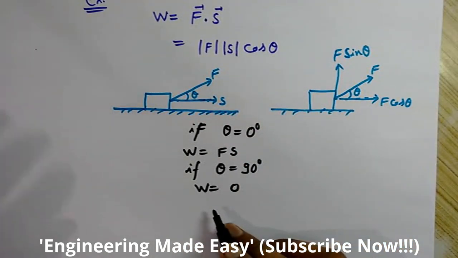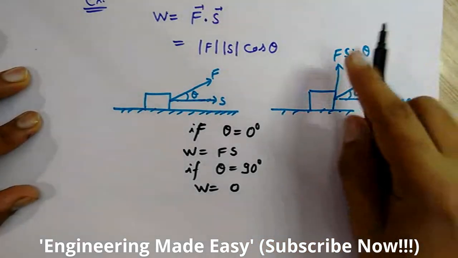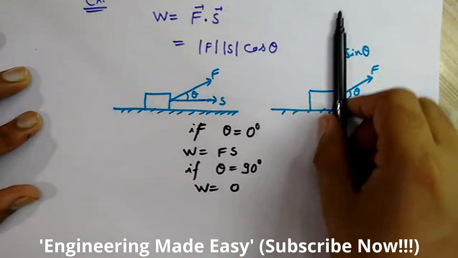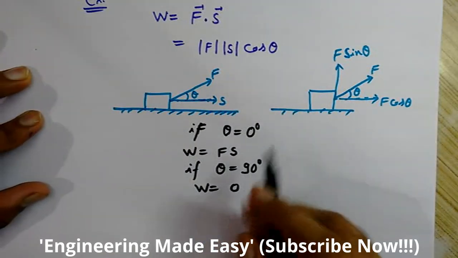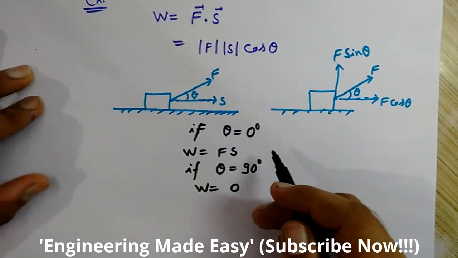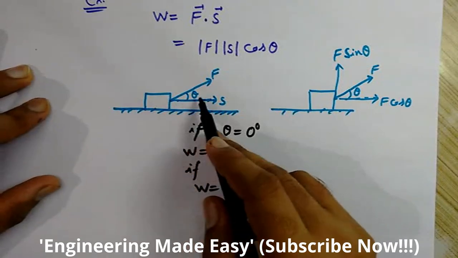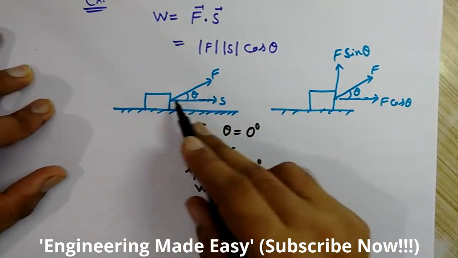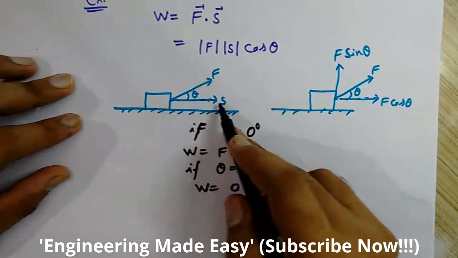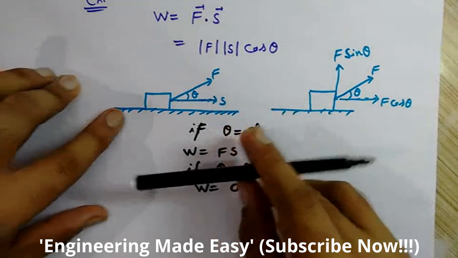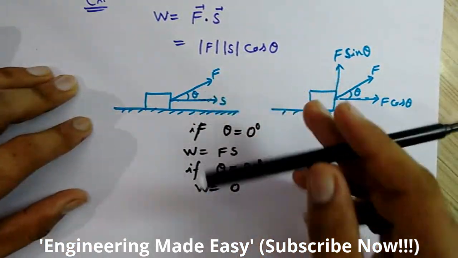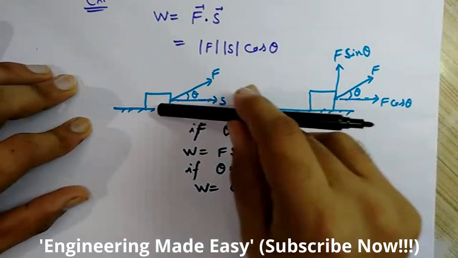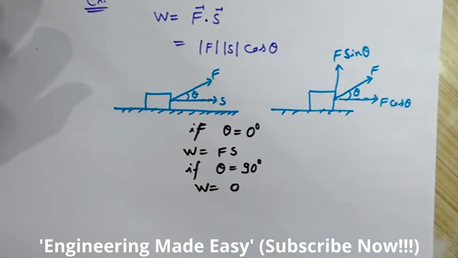As you can see, if I keep this angle theta at 90 degrees with the horizontal, then work will not be done, because it will not move in any direction. The direction of this force and displacement are at 90 degrees, so it will not move horizontally, so the work done would be 0.